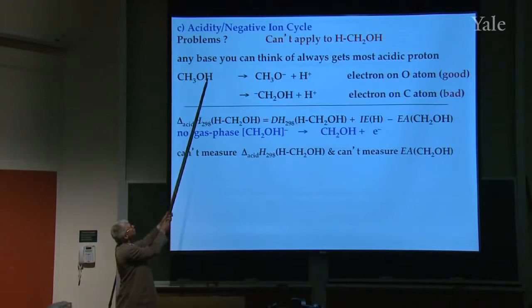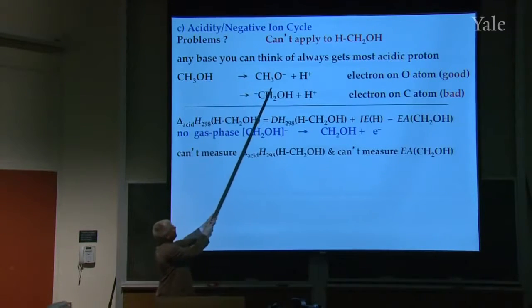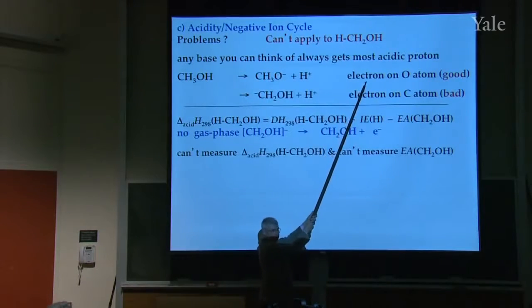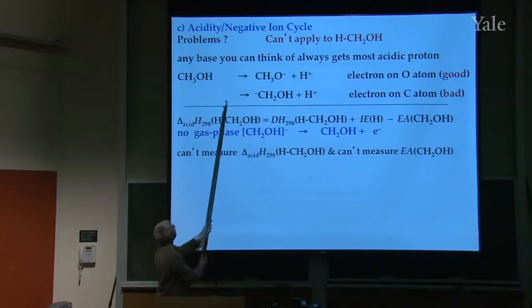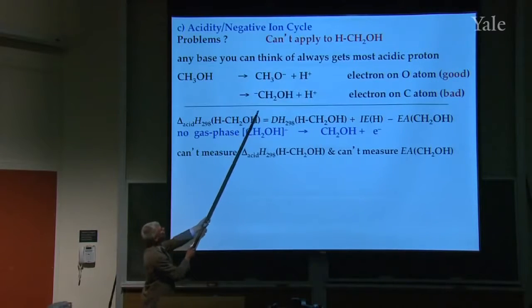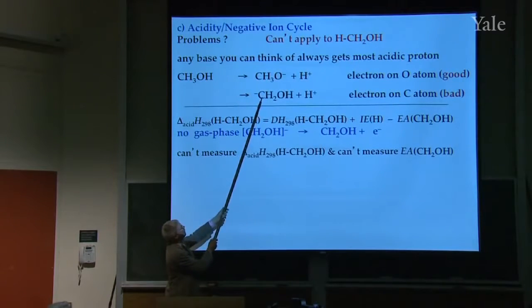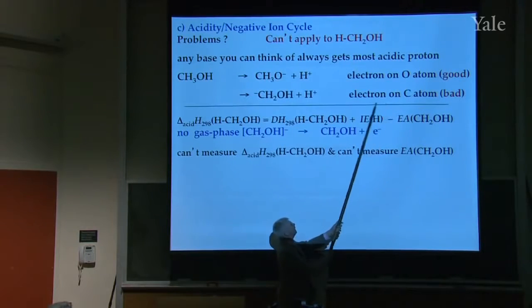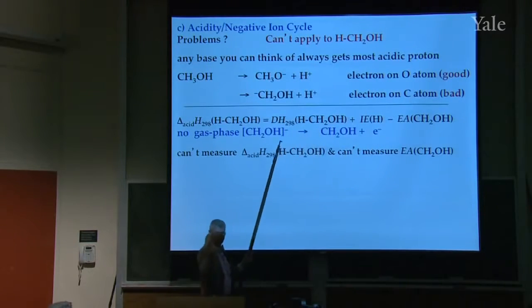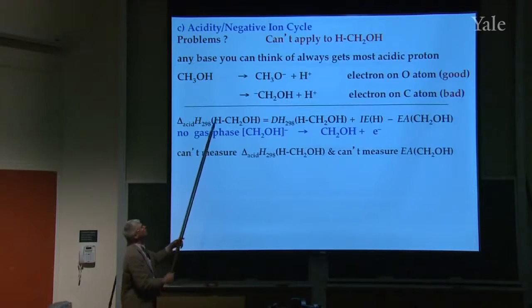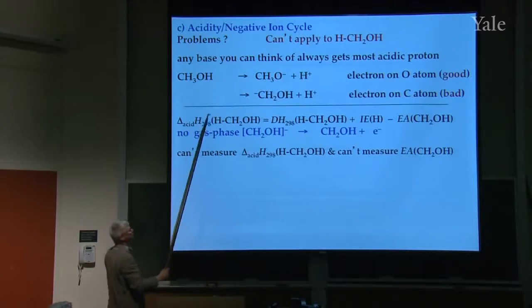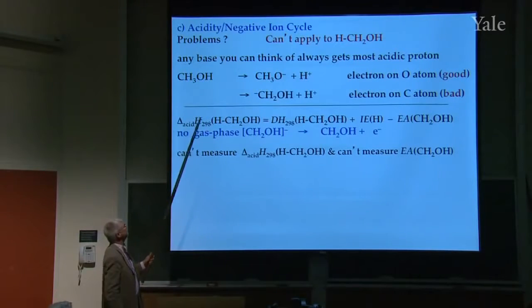The most acidic proton is the one off the OH, because you get the negative ion with the electron on the oxygen. That's good. If you try to pull a proton off the carbon, the electron is going to be on the carbon atom, and that's bad. Oxygen's more electronegative. It'll hold it much tighter. So it turns out the negative ions are not going to be a useful way to do this.